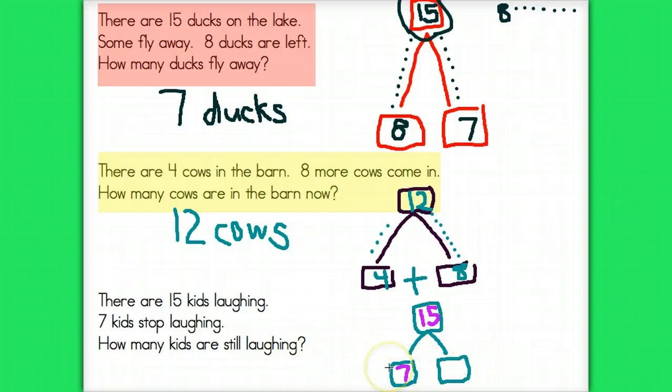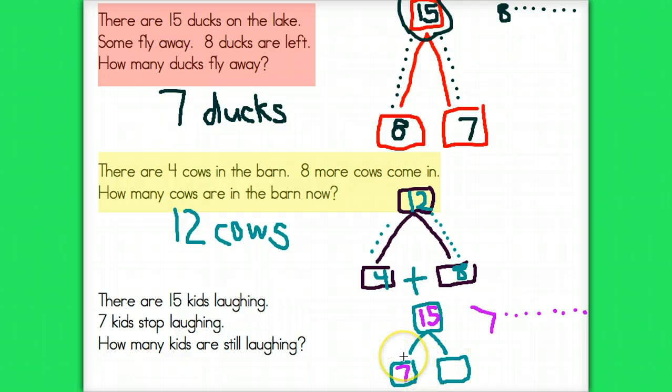So, a couple different ways. I can count up 7, 8, 9, 10, 11, 12, 13, 14, 15. Count my dots. 1, 2, 3, 4, 5, 6, 7, 8.